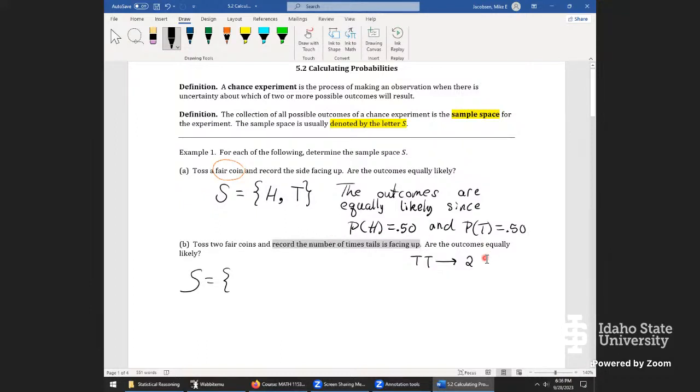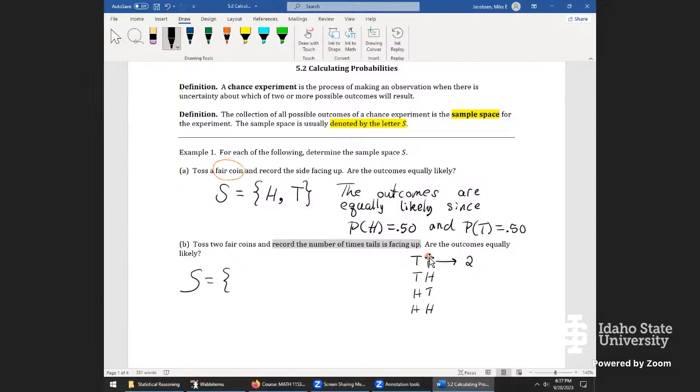Yeah, go ahead. And then you have tails, tails, heads, tails, and heads, tails. Exactly. So those are everything that could actually happen, right?